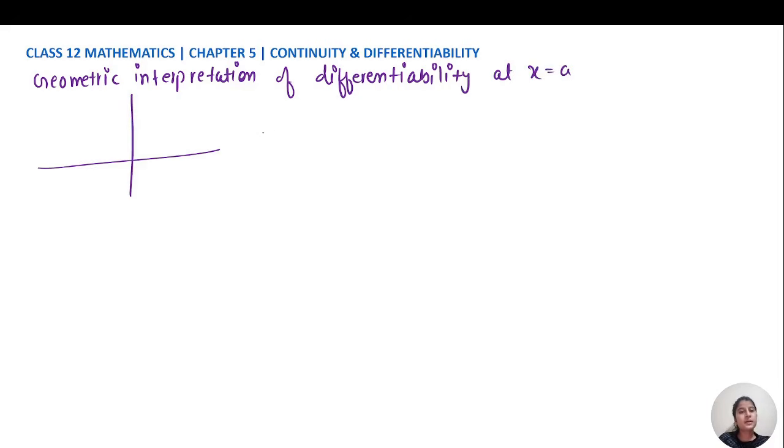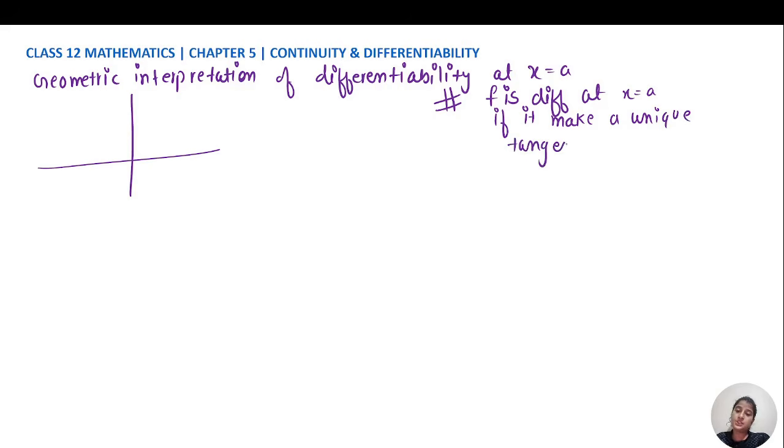We know that differentiability at a point is related to the rate of change. So the geometric interpretation is that f is differentiable at x equals a if it makes a unique tangent at x equals a. So for example, take the graph.